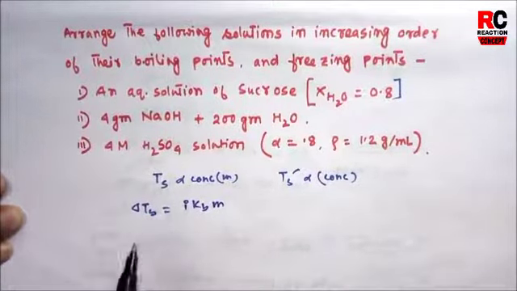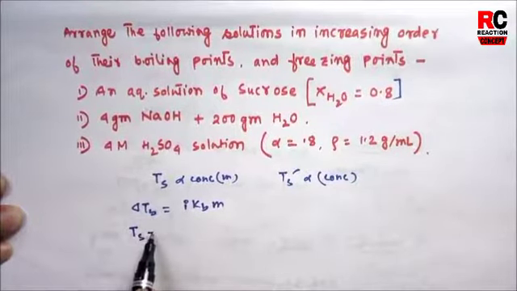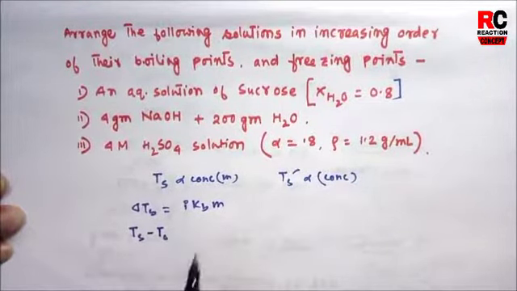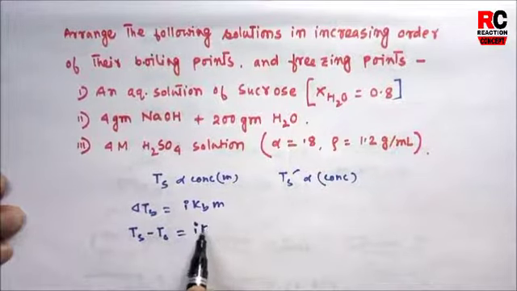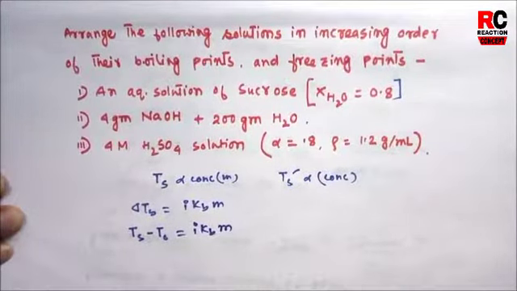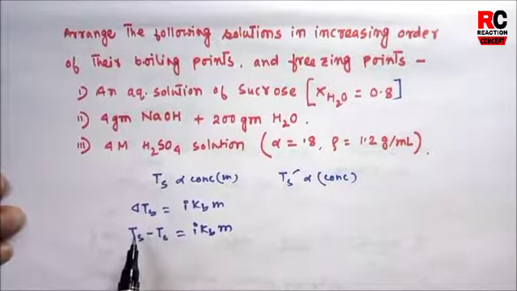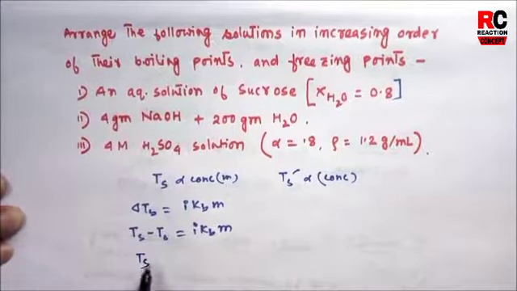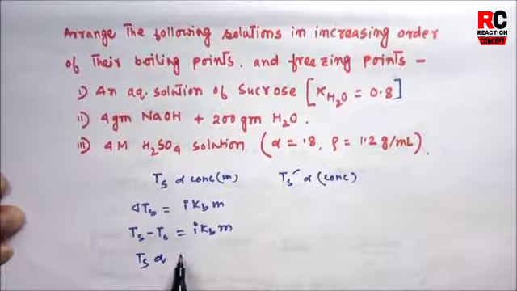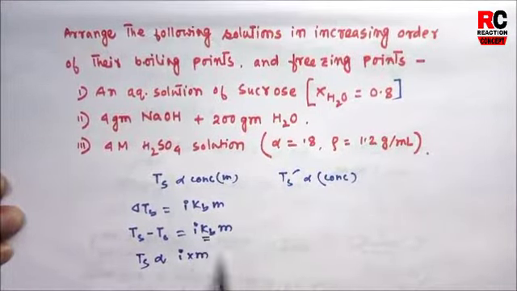Again, this ΔTb is given by the boiling point of the solution minus the boiling point of the pure solvent, equal to Kb into m. From this, when you increase this value, the boiling point of the solution will increase. In other words, the boiling point of the solution is proportional to i into m, since Kb is a constant factor.